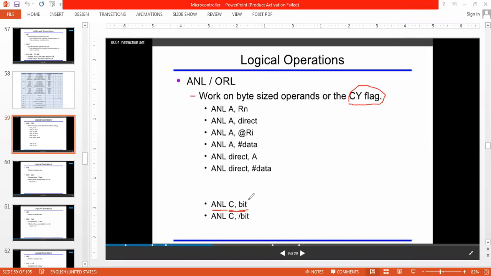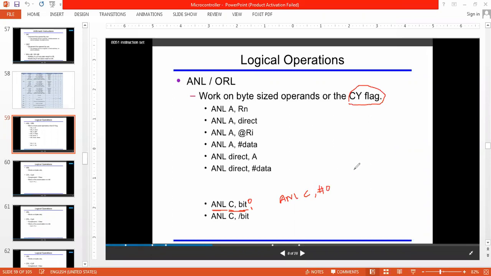A bit can be either a 0 or a 1. So how can I do ANL C comma hash 0? Now what will happen?